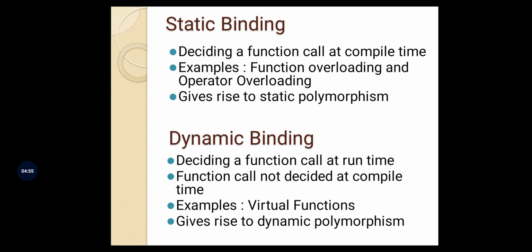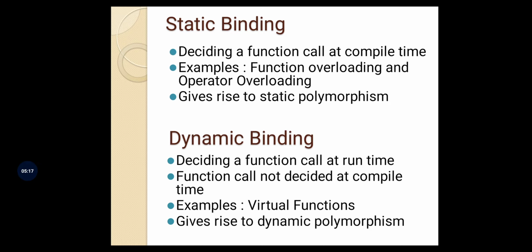Static binding is when the compiler decides where exactly the function body is, and a function call is bound to the function body during compile time. So basically, the compiler is responsible for making that connection of the function call to the function body.